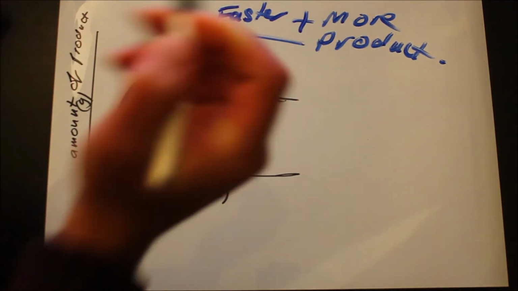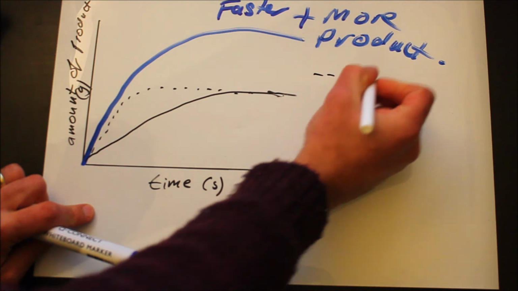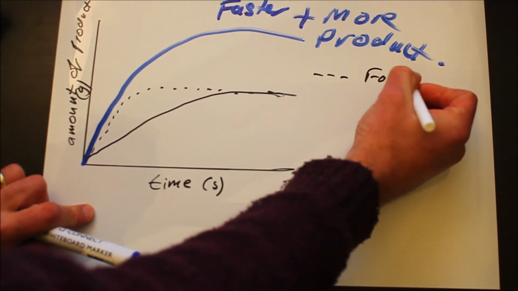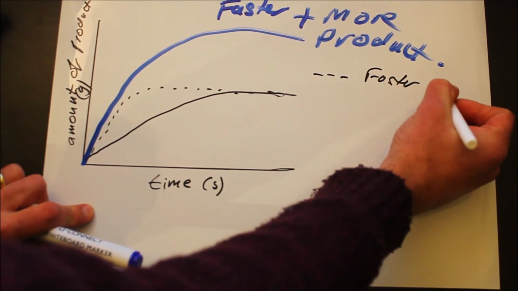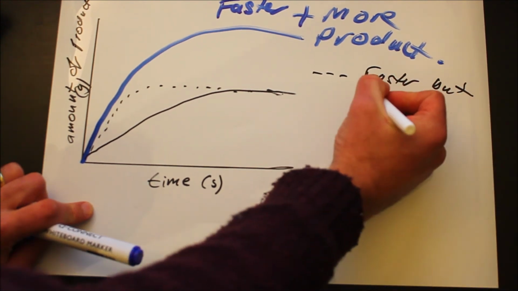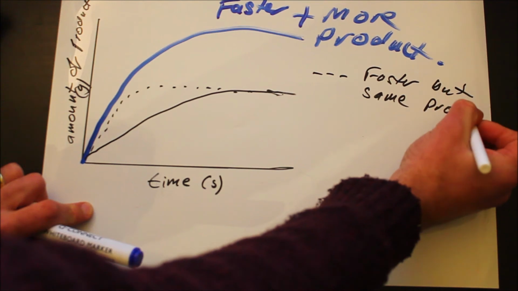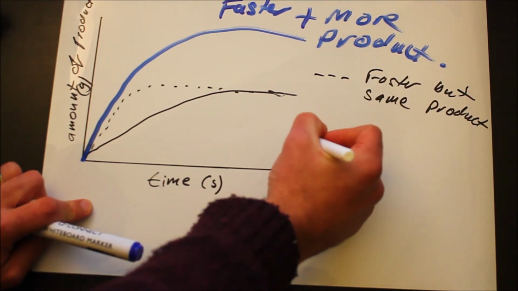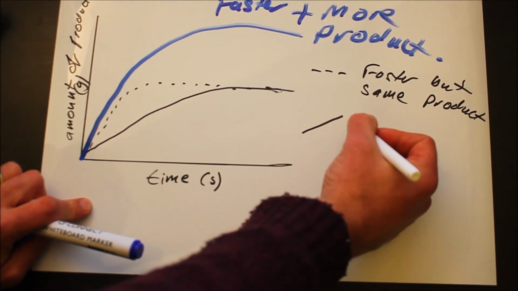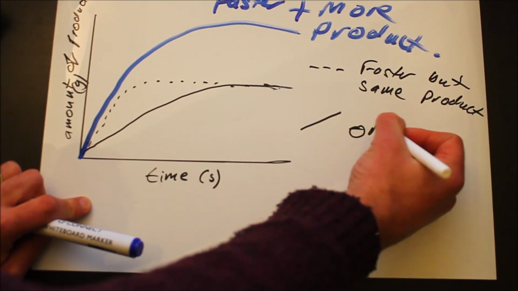Dotted line, faster, but same product, and the dark full line is original reaction.